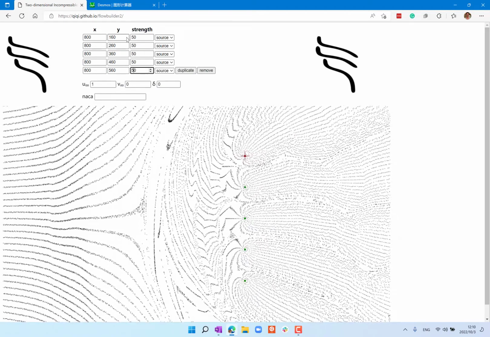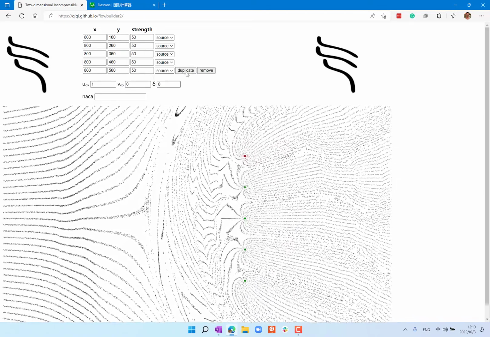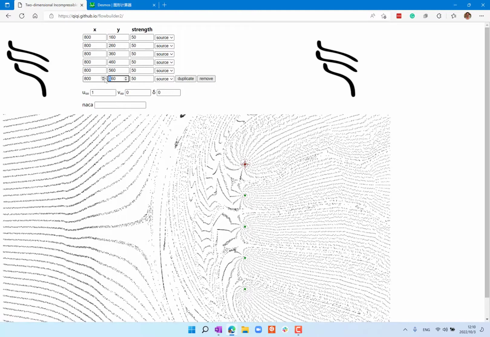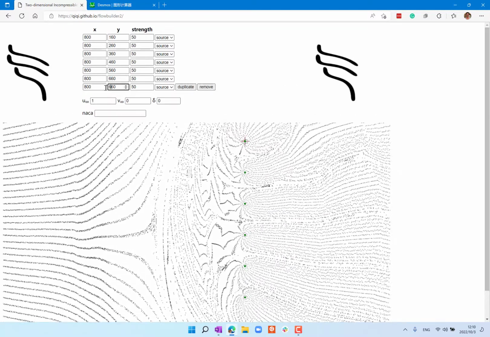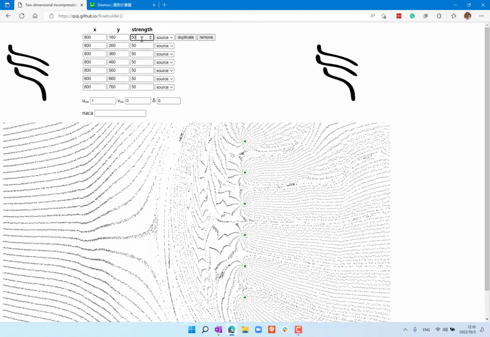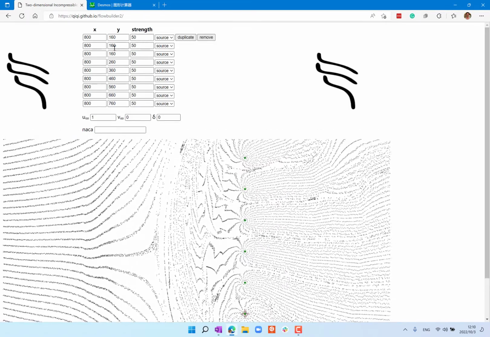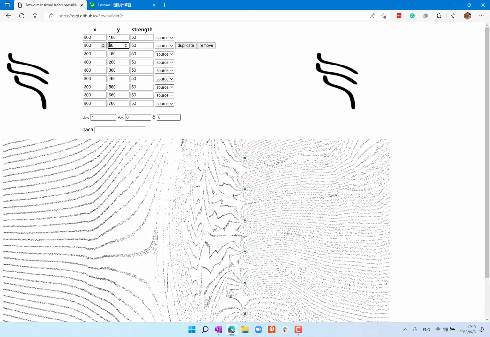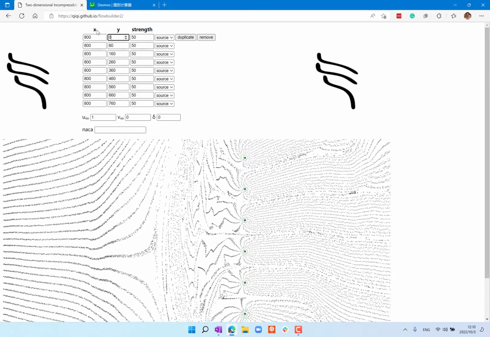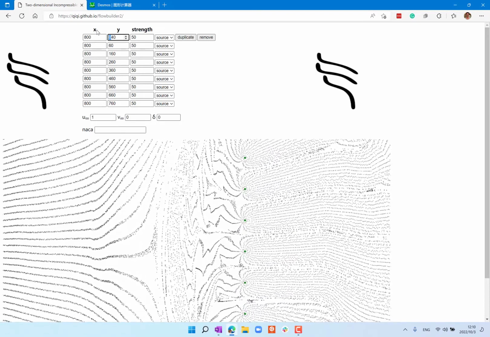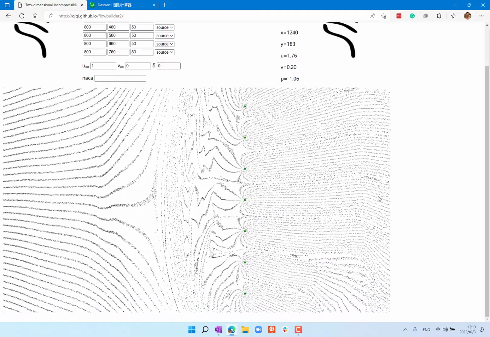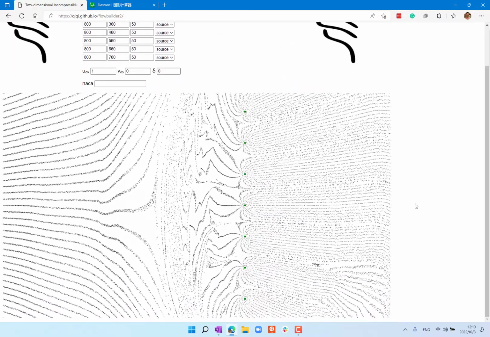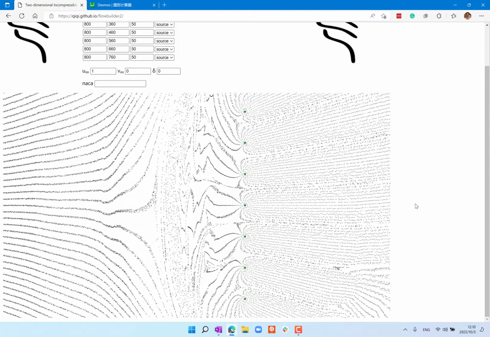So now I have a wall, right? I can further duplicate it to make it an even higher wall. 760. I'm also going to duplicate these to make it 60 and minus 40. Okay. So now I really have a wall of sources that keeps spewing stuff, right?